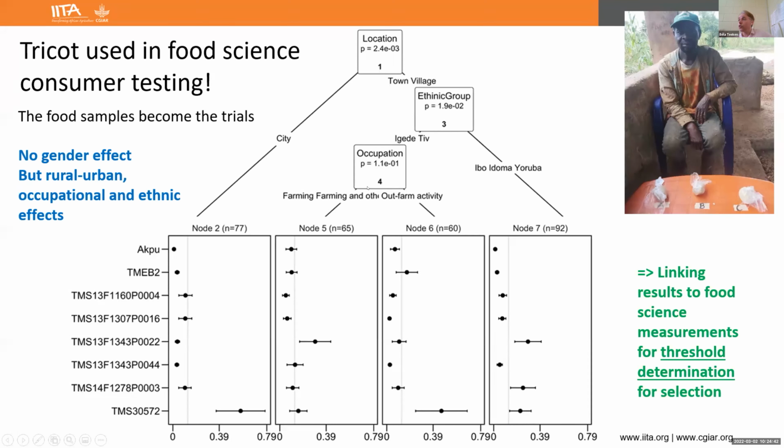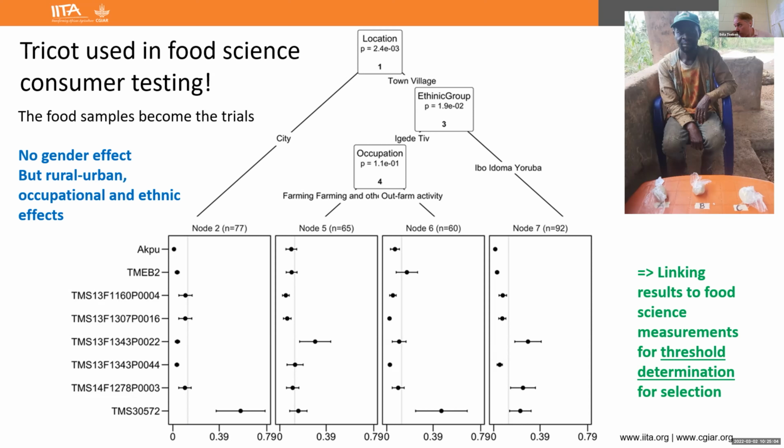Are you just a consumer in the city who doesn't know how to farm, or who is not related to farming work? Then you get another taste, another preference than people who are in rural areas but are involved in farming or more closely related to processing work.